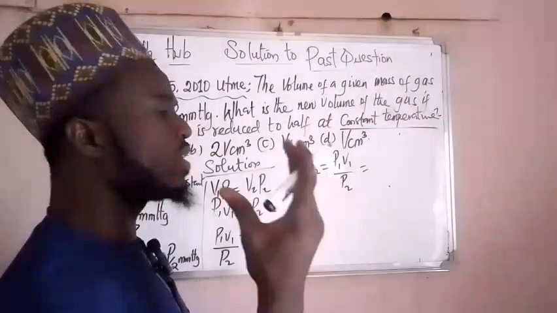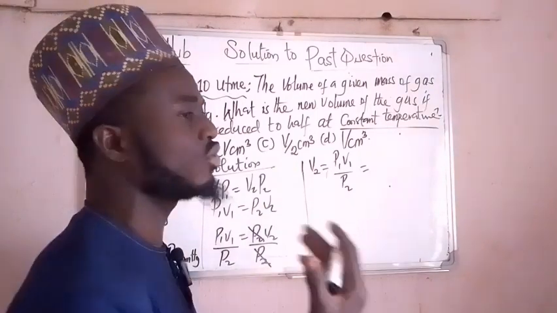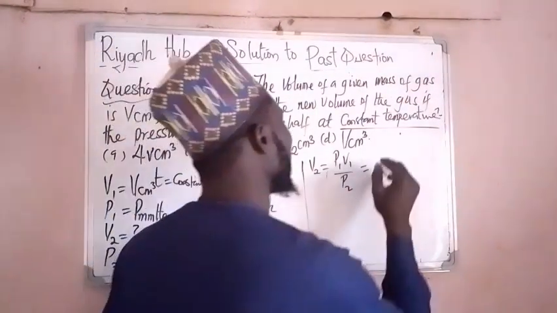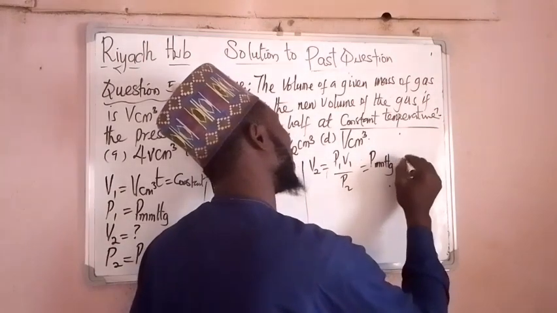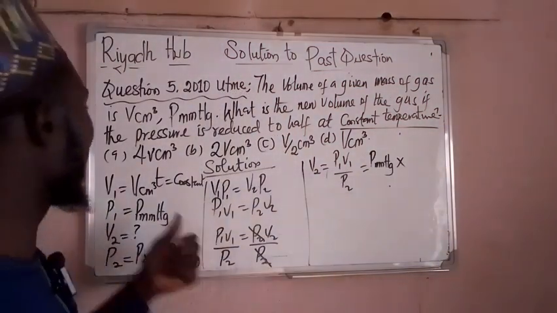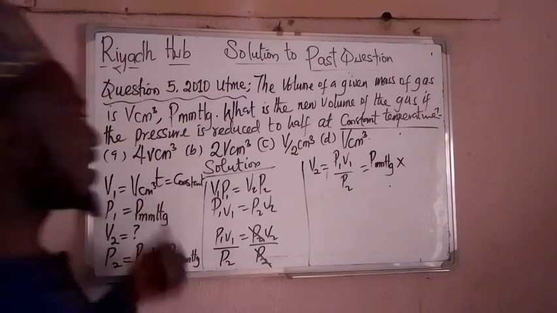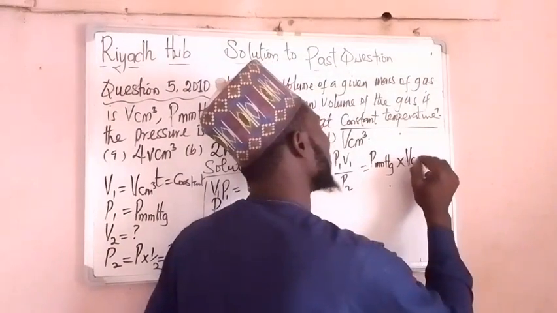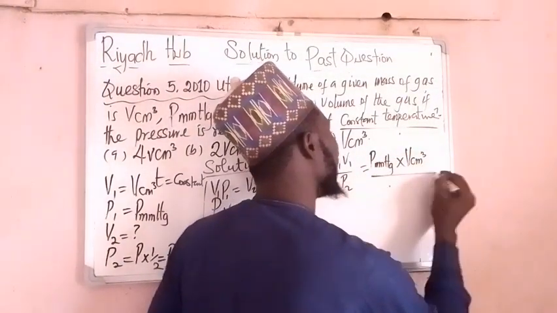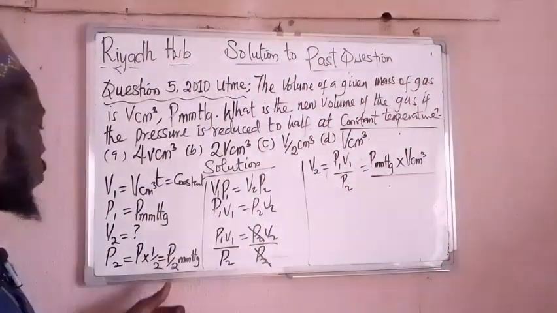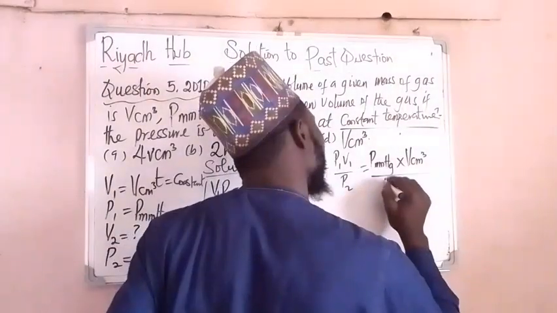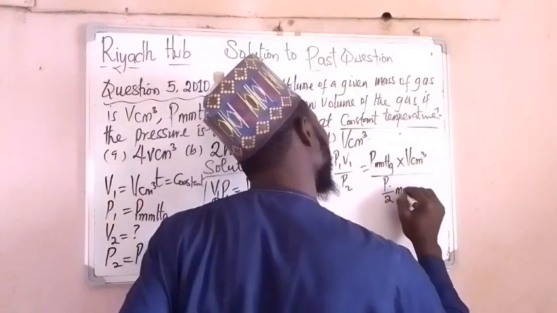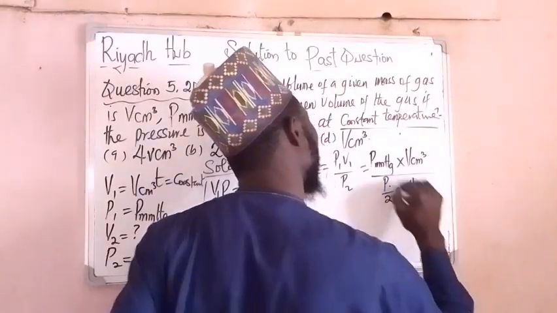Please always put your units so that you can identify if you make mistakes. P millimeter mercury multiplied by V1, which we said is V centimeter cube, over P2. The P2 is P over 2 millimeter mercury.